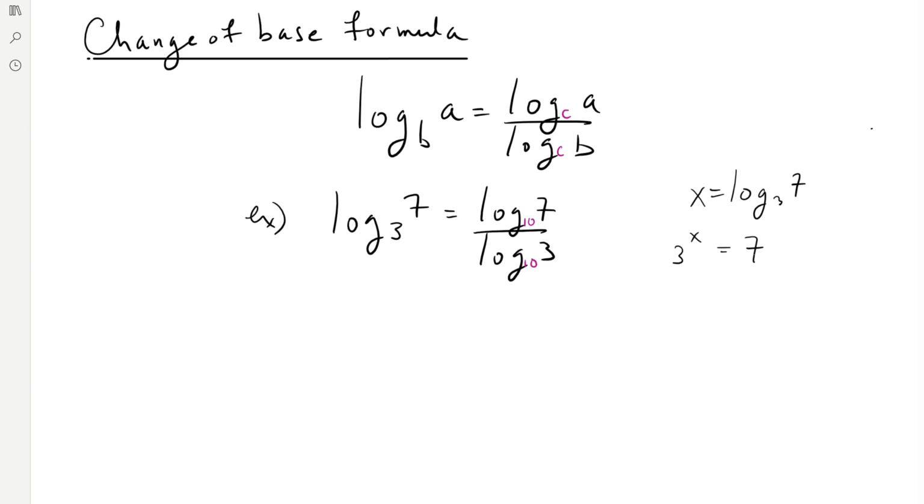Probably some sort of decimal number with an infinite amount of decimals that do not repeat themselves, so probably an irrational number, in fact. So having the change of base formula will allow me to calculate what that x is. I will finish this video with 2 examples of problems where we'll be using it.